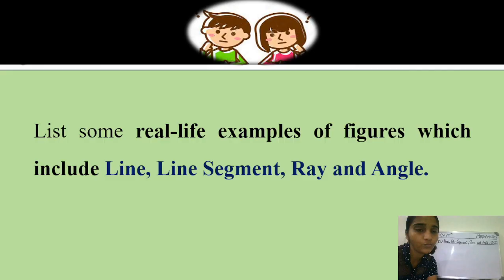Yes. So now let's proceed ahead. Students, if I ask you to list some real life examples of figures which include a line segment, ray or angle, what figures can you think of? Yes. First, if we consider a square, we can say that a square also has lines and angles formed in it.